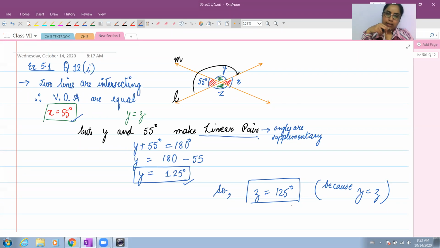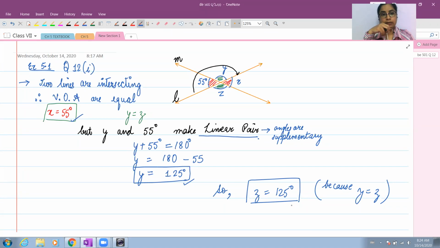Based on how the figure has been drawn, you can make equations, and by solving those equations, you will be able to find out the angles which have been marked using variables. तो जो एंगल्स आपके X, Y, Z से शो किए हुए हैं उनको फाइंड आउट करने के लिए you will need to think of how those angles can be put in equation form with other angles in the same diagram और same figure. So that's how you want to find this out. There will be questions for practice in the assignment I'll share after the end of the chapter, and I hope that will make it like you'll have more clarity once you practice on your own.